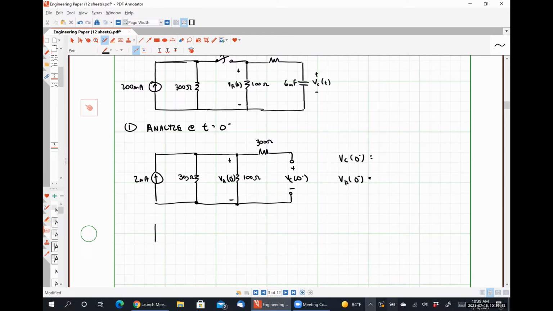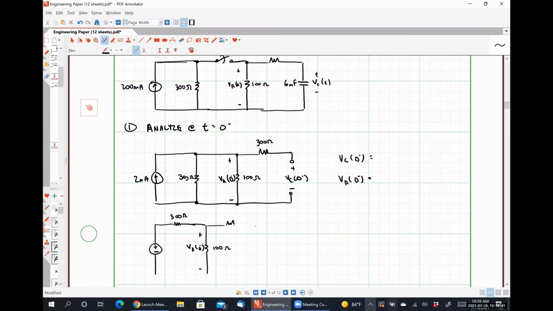if we do source transformation, we'll have a voltage source that we will need to figure out what voltage is being supplied by it in series with a 300 ohm resistor. And then that is going to be connected to a 100 ohm resistor here. Here's our voltage VR at 0 minus.